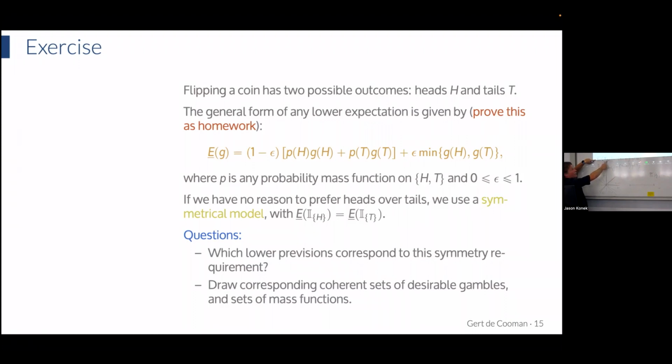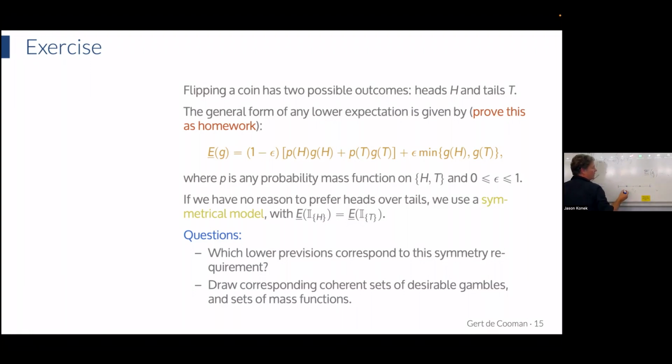The lower bound for the probability of heads is 1 minus epsilon times 1/2. So I find 1/2 times 1 minus epsilon, something here, and then the upper bound is symmetrically here. This difference is also 1 minus epsilon. That's right.